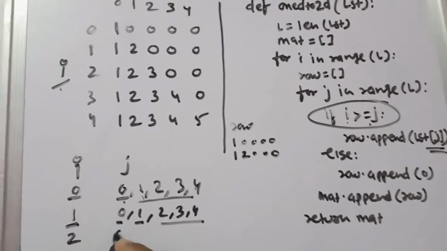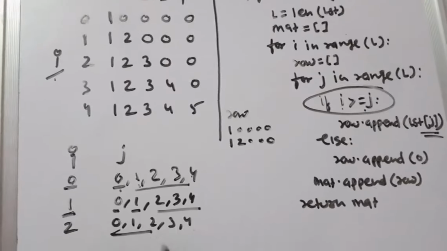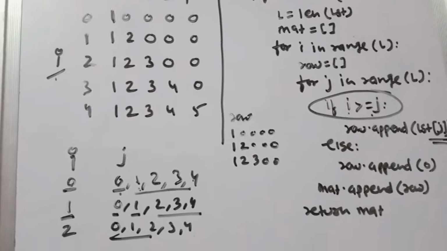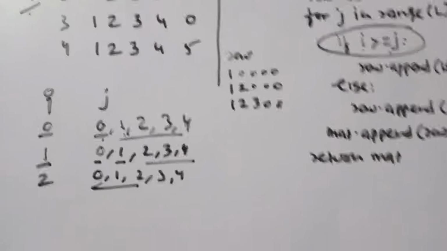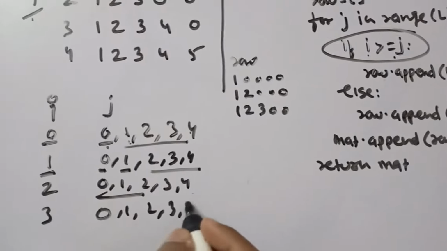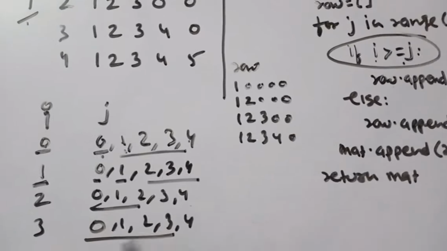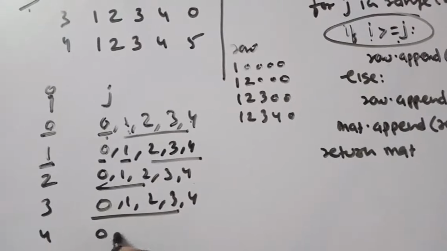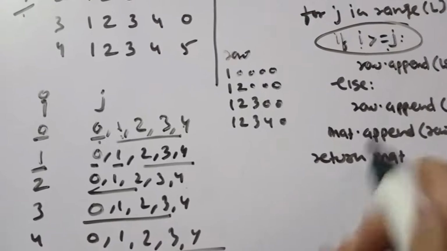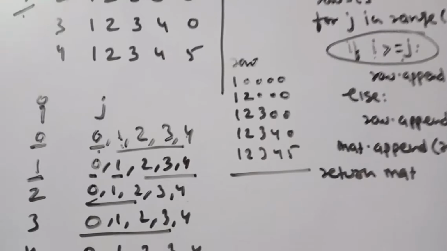When I becomes 2, so 0, 1, 2, 3 and 4, in 3 cases the values will be transferred. So here 1, 2, 3, 0, 0. In the same way for 3, 0, 1, 2, 3, 4: 4 values, so 1, 2, 3, 4, 0. And in the last, 0, 1, 2, 3, 4, all the values are in the range of the condition given, I greater than or equal to J, so all the values will be placed here.